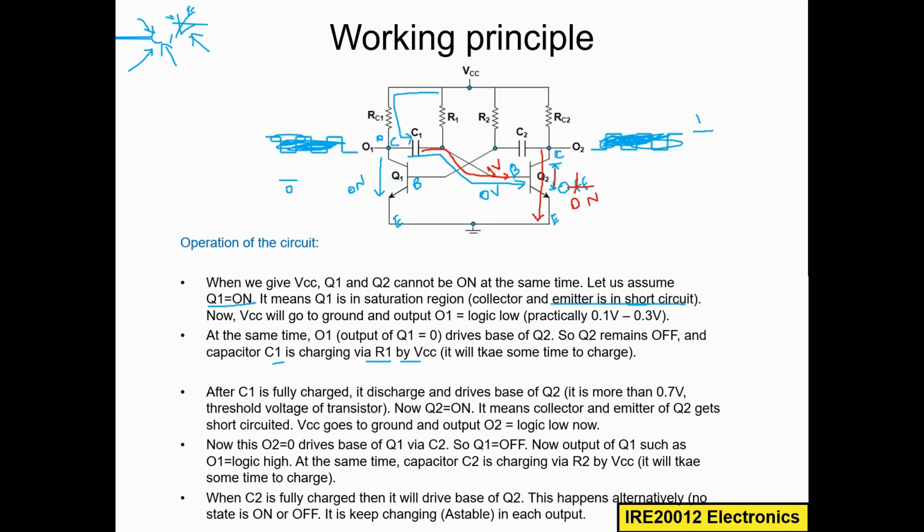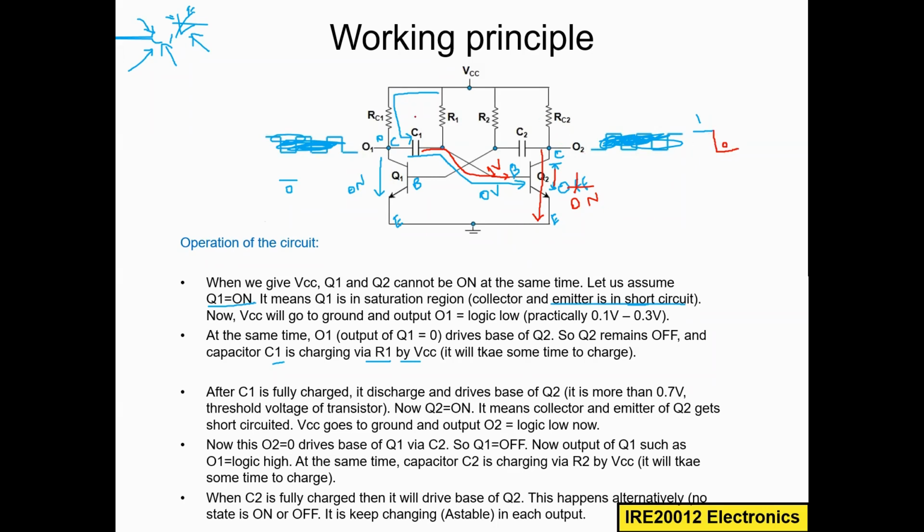Because of this, the voltage level at this node, O2, the output 2 terminal, will go to logic 0. So now this will become logic 0. So now you see, because this transistor is on, the output is becoming 0.